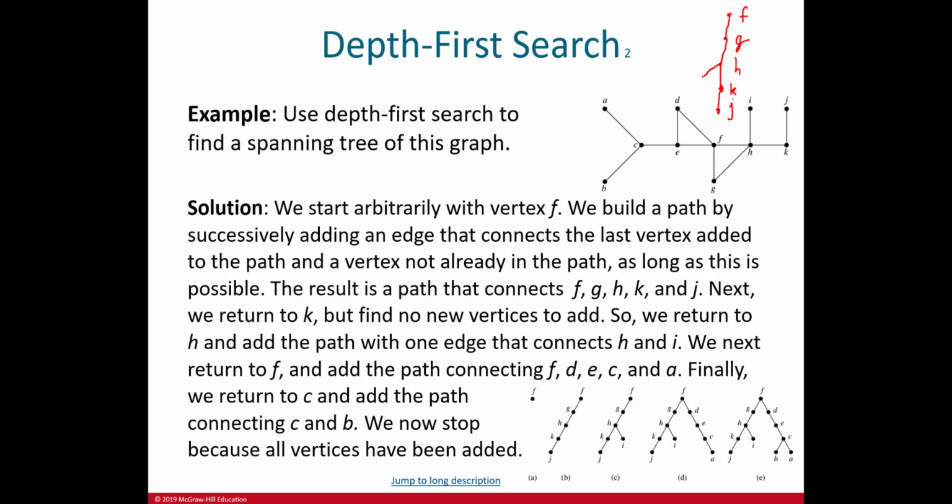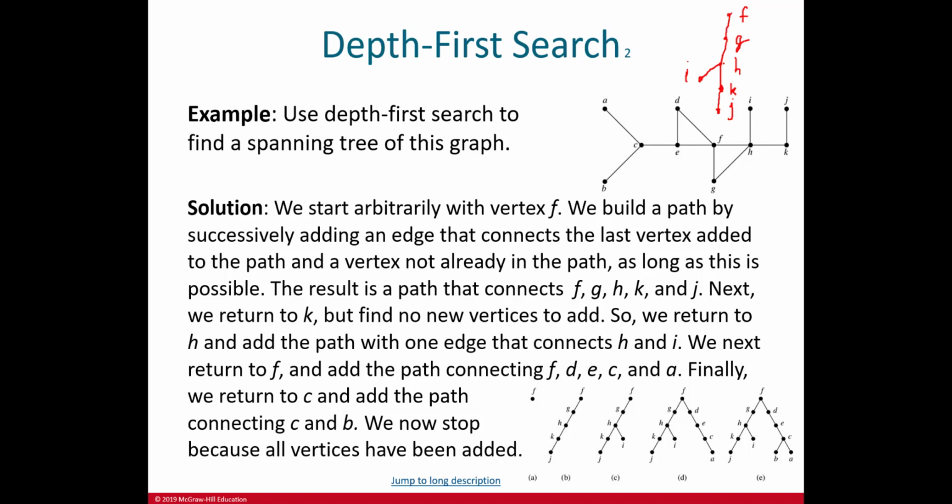At that point I want to cover I, because this is the new vertex I'm getting. So HI, I will make a part of this particular tree. Then if I cover I, then from H again I cannot cover F, because that will make a cycle. So this is the only thing I can cover, G and I, which I already did, and I will not cover FH, because that will give me a cycle, so I don't want to do that.